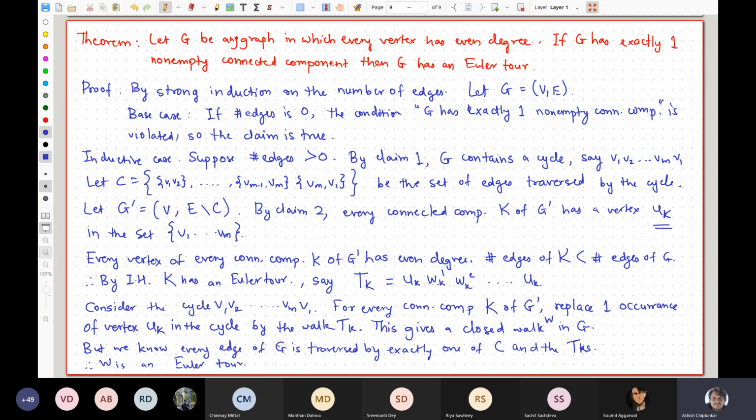You just pick one vertex which is common to the connected component and the cycle and call it UK. Is that fine? Yes, sir. But we aren't mentioning that. That's what I have written: every connected component K of G prime has a vertex, let's say UK, in the set V1 through Vm. Okay, sir.